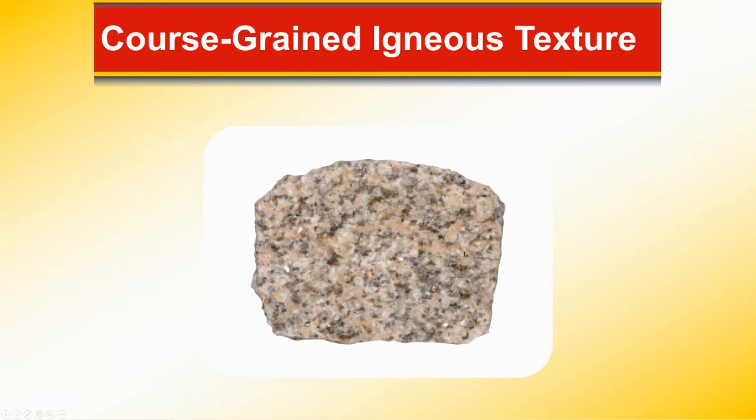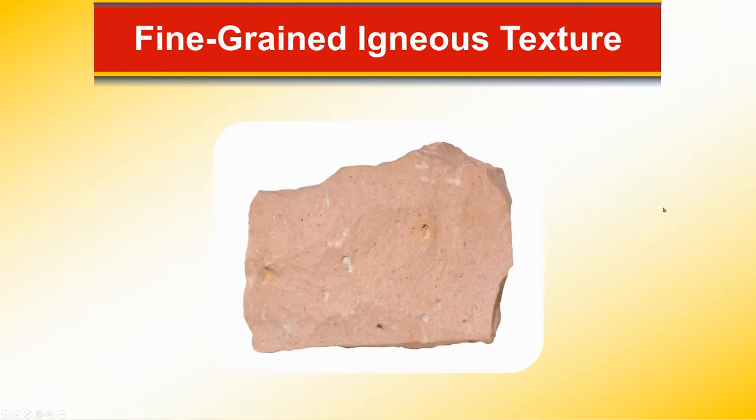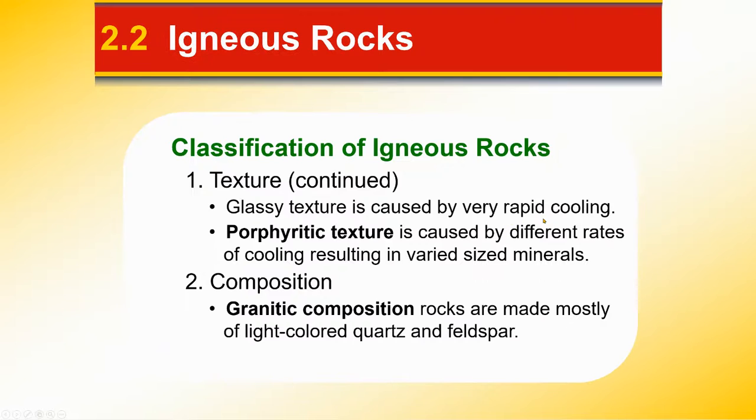There are larger crystals because it cooled over a longer period of time. This is called coarse-grained igneous texture. This is a fine-grained igneous texture. Again, it's weird to think that these are the exact same minerals, but this one cooled much more swiftly, and since it cooled faster, it has a fine-grained igneous texture.